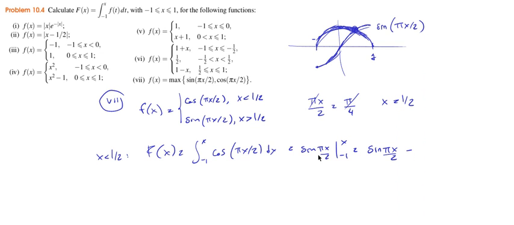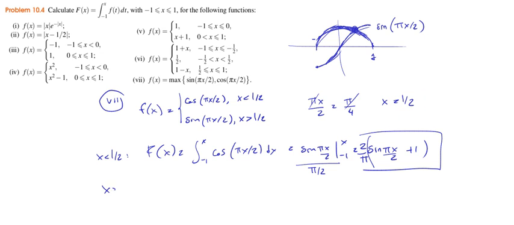Sorry, so this is the integral of this, but we have to divide by pi over 2, right? So this is 2 divided by pi, the sine of pi x over 2 plus 1, okay?